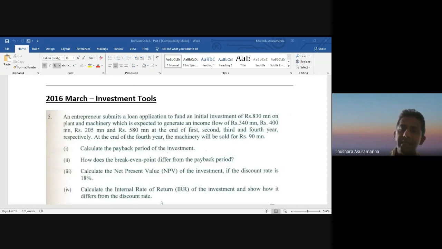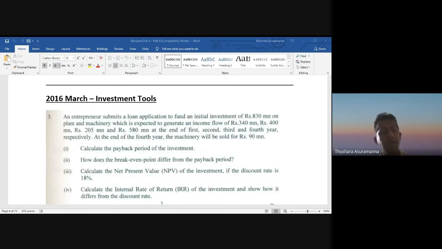Then you identify year 0 cash flow is 830 million going out. Years 1, 2, 3, 4, all cash flows coming in: 340, 400, 205, 580 plus 90. Then you multiply with that, and you end up with 215. That's the NPV for this project.